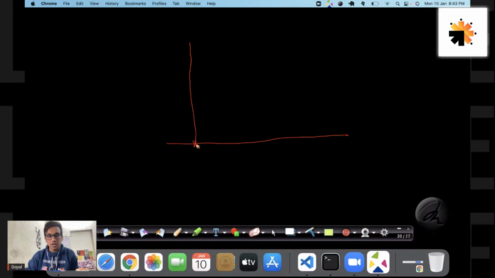Let's say this is your X axis and Y axis, and this axis shows your expenses, and this is your frequency, or range. I would call it a range. Let's segregate these expenses into certain windows.